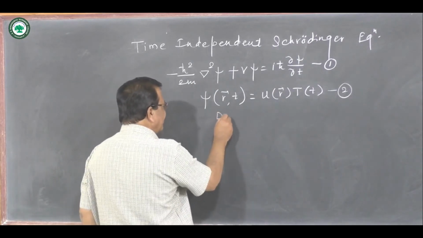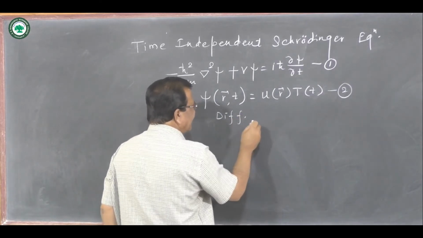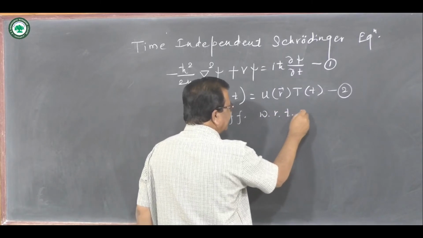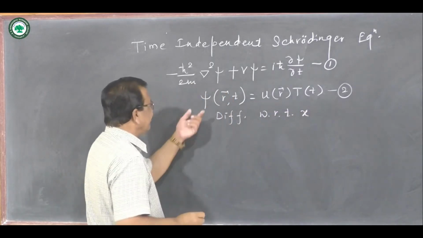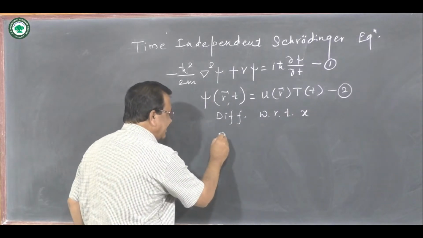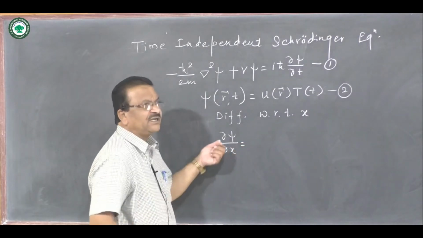First of all, we will differentiate this equation with respect to x. If I differentiate psi with respect to x, I will get dabba psi by dabba x. Why partial derivative?